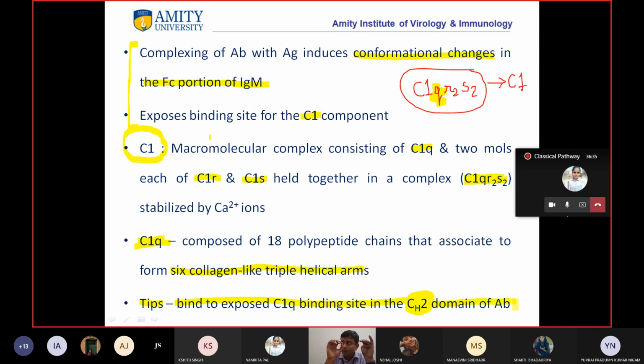So the head of... Okay, students, this C1Q molecule, its tip binds to the CH2 domain. And I will show you the picture so it will be clear to you.